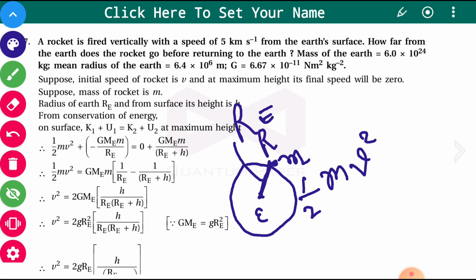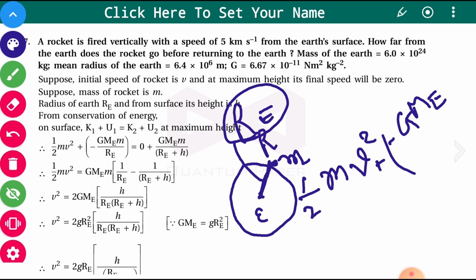Rocket is at distance Re from the center of the earth, so it will have the potential energy, that is binding energy, minus G M_E m upon Re. That is the potential energy.